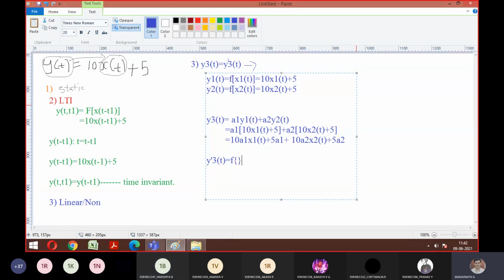Good. Just remember the formula, guys. Whatever arbitrary constant we give, the same thing we apply with respect to the input also. That's why I told you to remember the formula carefully, everyone: plus a2 x2 of t. Is this the formula?